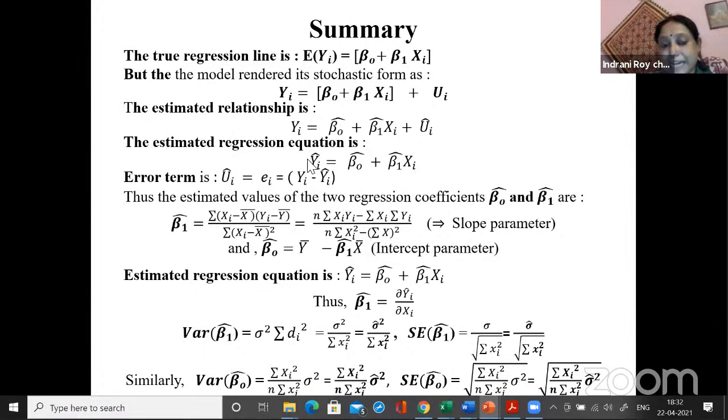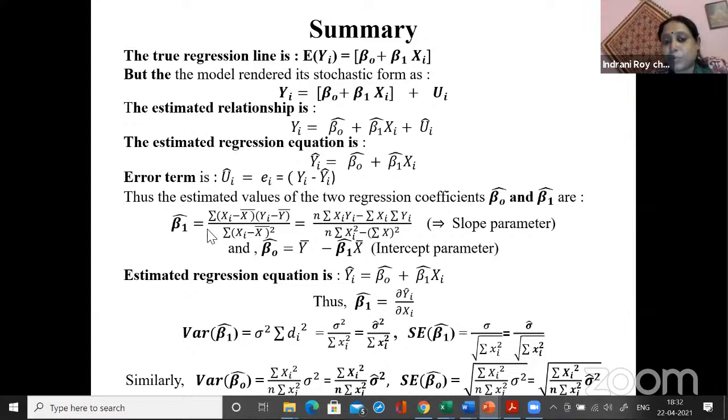And once you understand these equations, that means if you know the estimated values of your beta naught hat and beta 1 hat, you can actually claim the best fitted line from your sample observations, which is your regression line. So you need to estimate these beta naught hat and beta 1 hat.